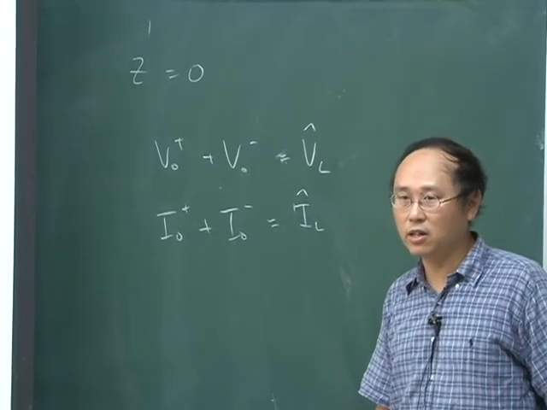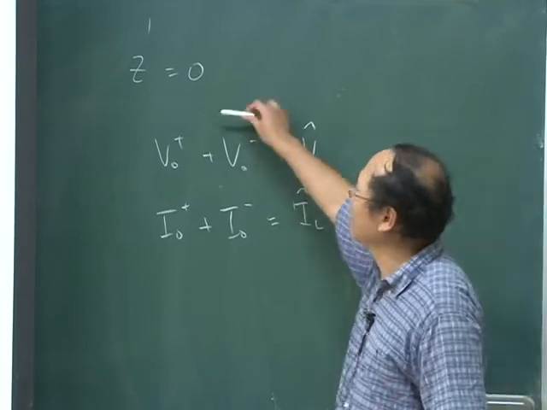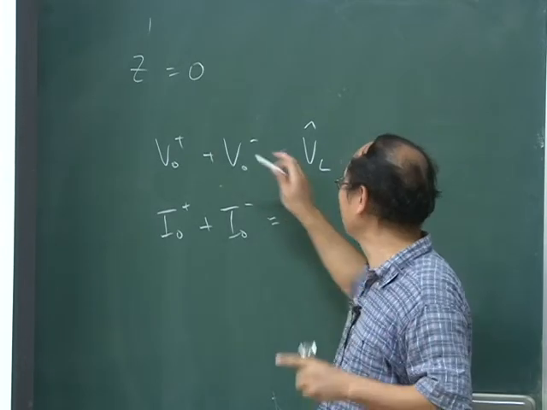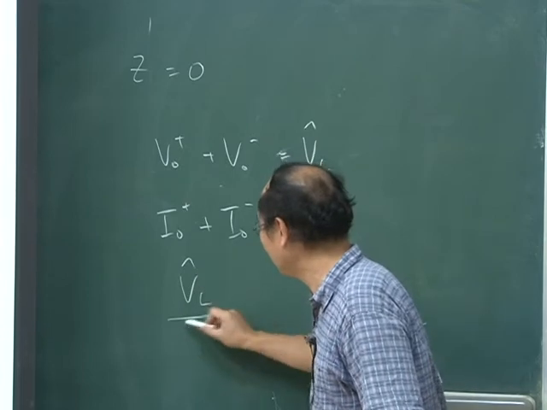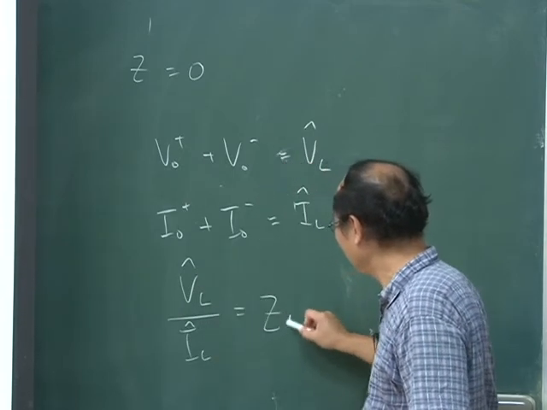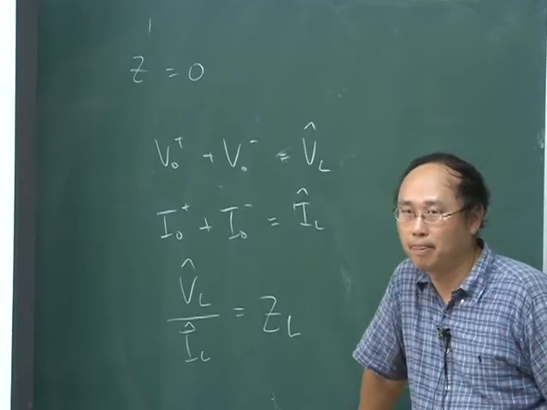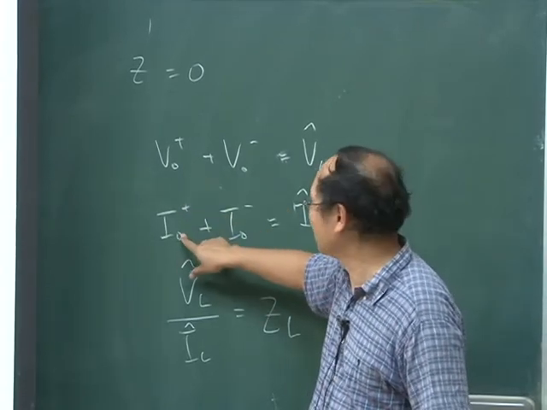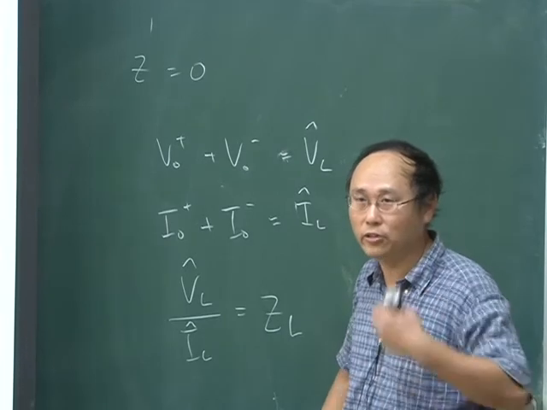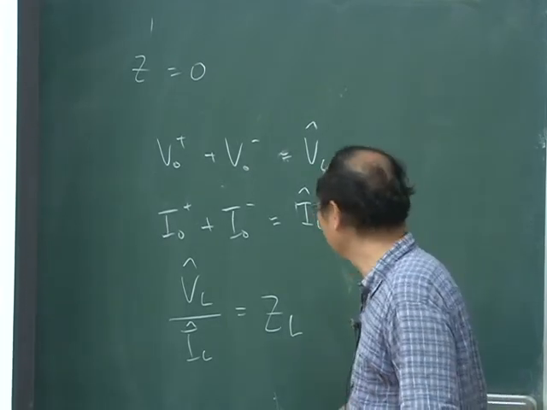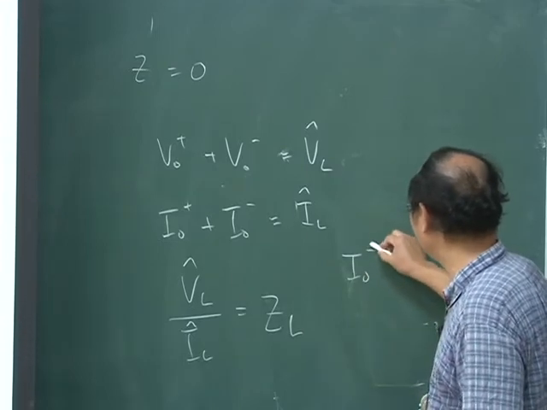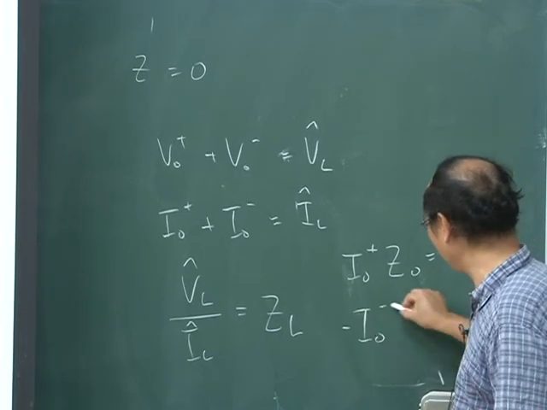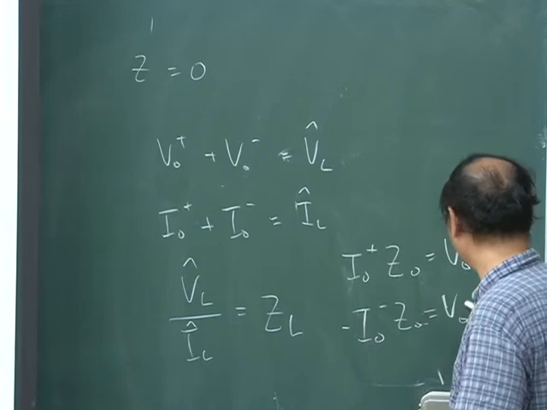But according to lumped circuit theory, because you just look at the circuit at one single point, you can use lumped circuit theory to relate the phasor V_L and the phasor I_L through your load impedance. But you also relate V0+ and I0+ through the characteristic impedance, so you can write I0+ Z0 equal to V0+, and minus I0- Z0 equal to V0-.